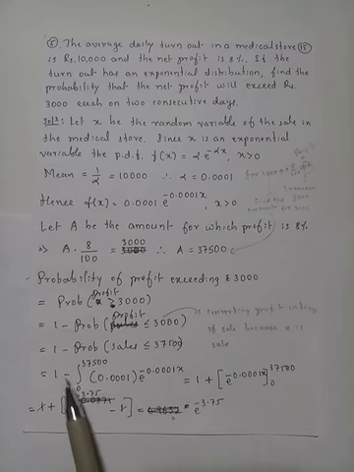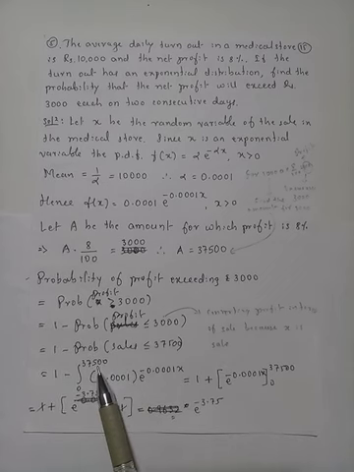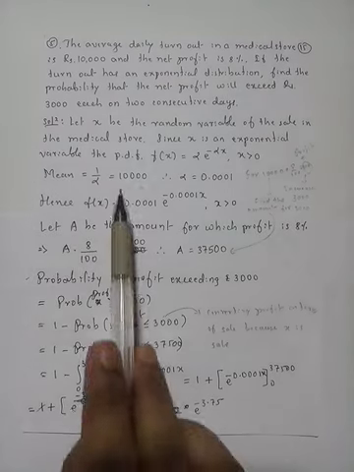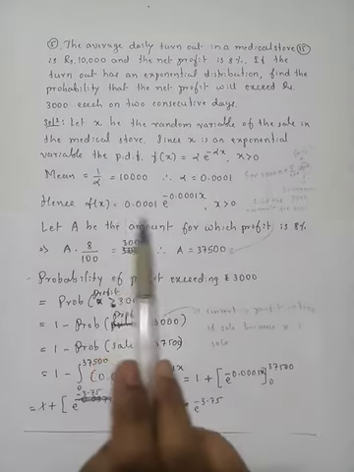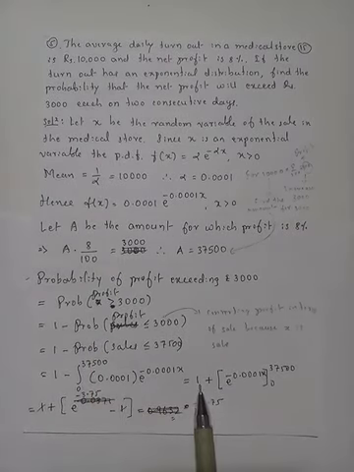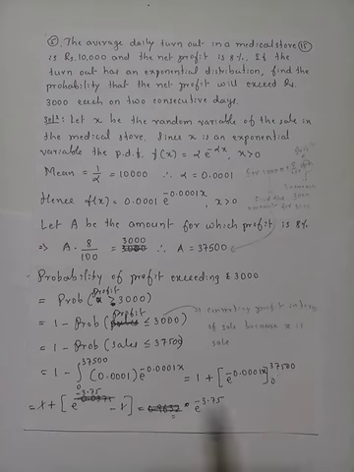So 1 minus the integral from 0 to 37,500 of alpha e to the power minus alpha x. Integrating, e to the power minus 0.0001 x divided by the constant, the constant and this 0.0001 cancel, leaving only this part. Then substituting the upper and lower limits, the answer is e to the power minus 3.75.